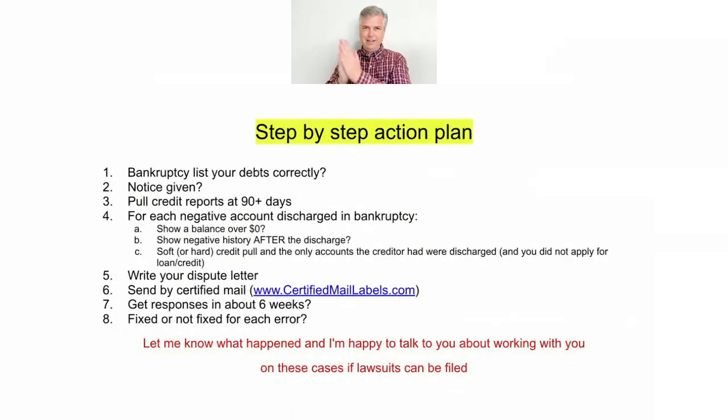So I discharged, and then does it show negative going forward in time? Well, that's going to be a problem. You write that down. Do I have a company that pulled my credit report and the only account, or the only accounts if I had more than one, were all discharged? Well, then why are they pulling my report? Again, assuming I'm not applying for credit with them.